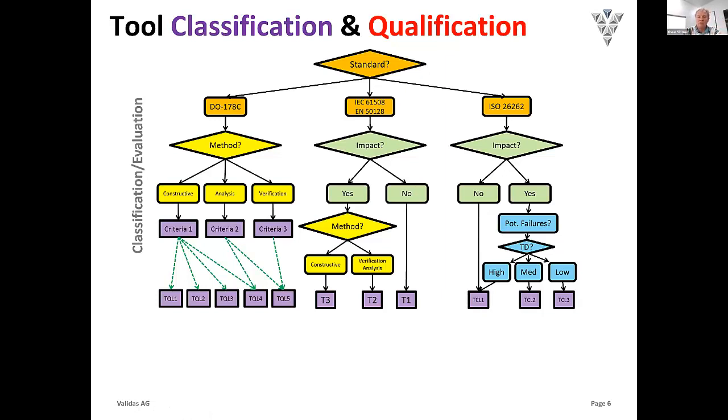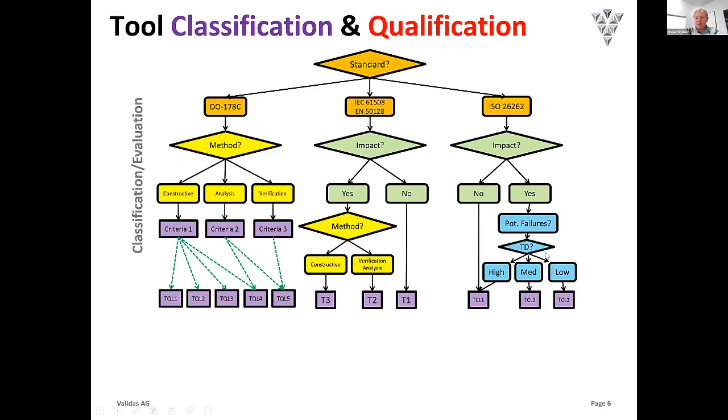And in the DO standard, for constructive tools, you get criteria 1, and depending on your risk level, you get TQL 1 to TQL 4. And their qualification is really, really hard, especially for TQL 1, 2, and 3. It's really hard. And the same for the IEC. If it's a code generator, it's a constructive tool, it's T3, you have to qualify it.